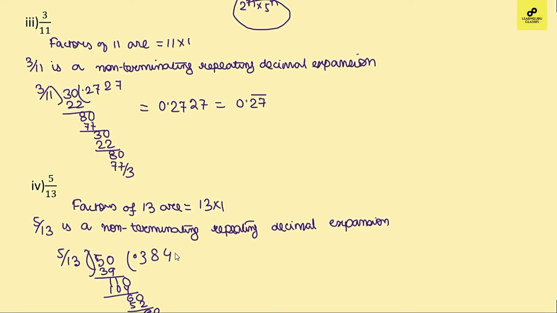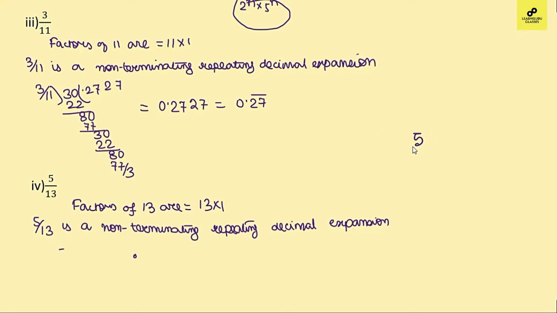So 13 6s are 78, 2 0. 13 1s are 13, 7 0. Okay, so it's not clear here due to the space constraint. I will do the division here. Okay, so the thing will be clear to you.